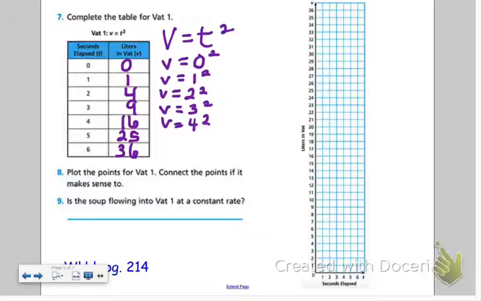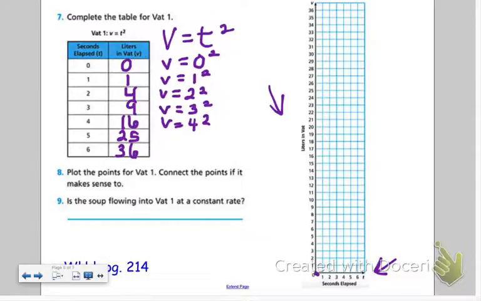And now what we're going to do is graph or plot the points from vat 1 onto the graph over here. And again, our independent variable is the seconds, so that's on the x-axis. We have the dependent variable, which is the liters of soup in the vat, and that's on the y-axis. All right, so 0, 0, that's right about here.